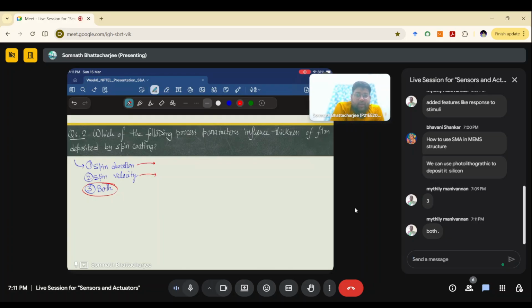They obviously influence the thickness, but how do they change it? Let me put it this way: if I increase the spin duration and if I increase the spin velocity, will the thickness increase or decrease in both cases?